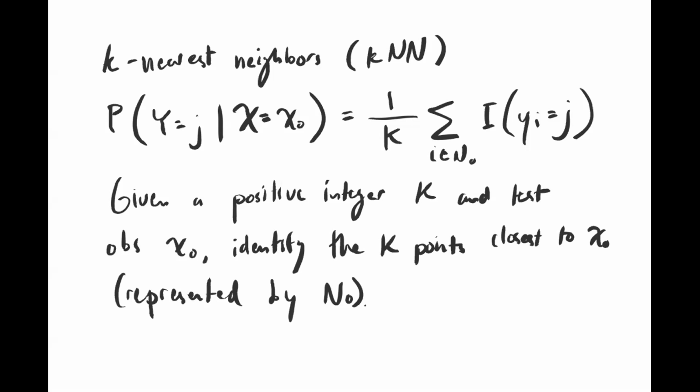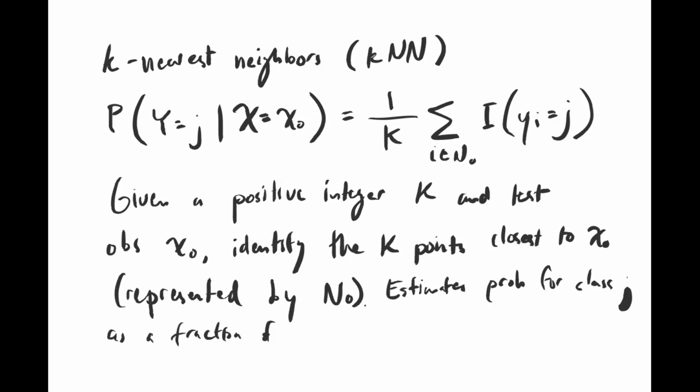Then this estimates the probability for class j as the fraction of points in n0 whose response equals j.